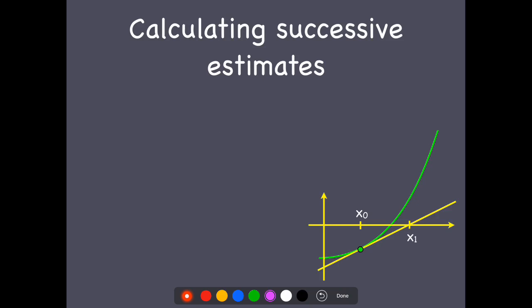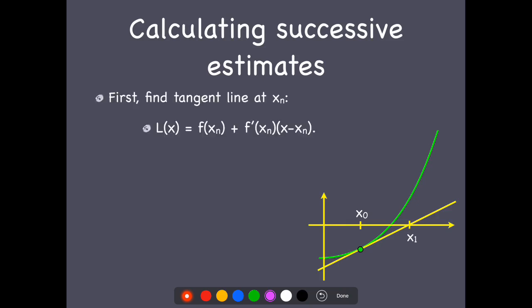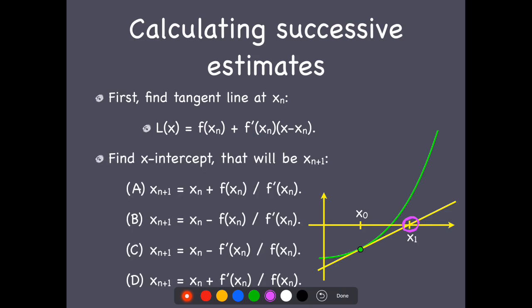Okay, so how do we actually calculate the successive estimates? First we had to find a tangent line, and then we wanted to find where that tangent line hit the x-axis. So here's a clicker question for you to think about. Find the x-intercept, and we're going to name that xn plus 1.